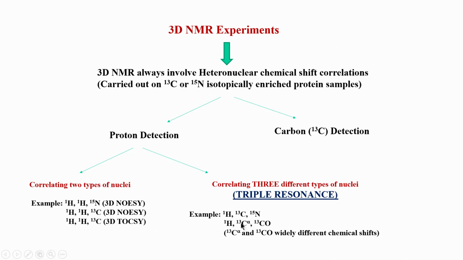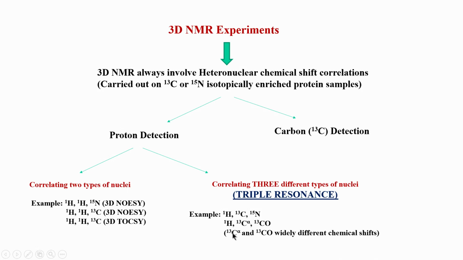We also have experiments which correlate proton with C alpha, the backbone C alpha of an amino acid, with CO, again backbone. You may think that both are carbon, so they should be classified as two nuclei. But C alpha and carbonyl have widely different chemical shifts.